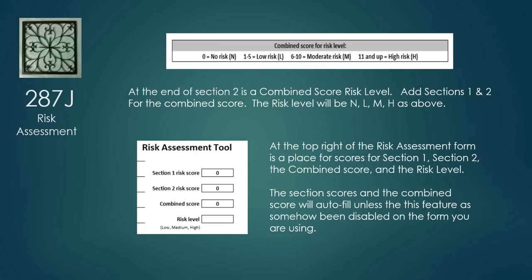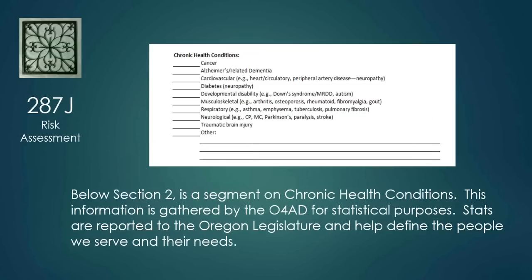Now, this isn't the end of the risk assessment tool because there's a little bit more to it. So if we look at the next section, we kind of have a survey area, and we want to list chronic health conditions. Now, there's a very specific list there for us, although at the bottom we do have a place for other chronic conditions. But this information is being gathered by the O4AD for statistical purposes.